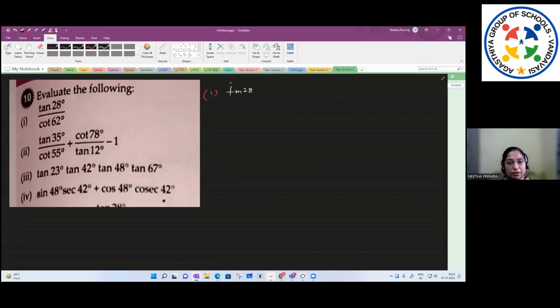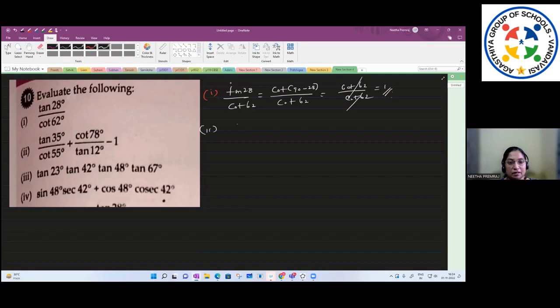Tan 28 over cot 62. So you can change this into a complementary angle. This can be written as cot of 90 minus 28. This denominator you write as it is. Then this is cot 62 divided by cot 62. If you cancel, this is 1, isn't it? It becomes very easy.